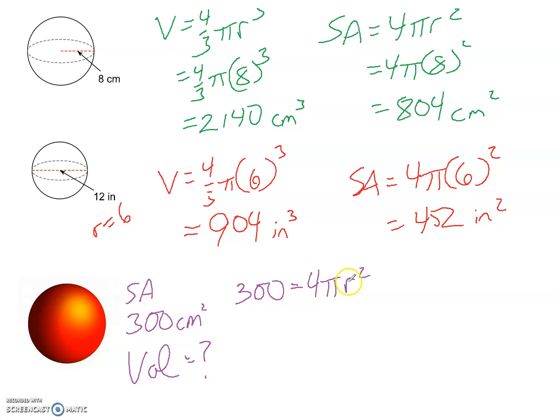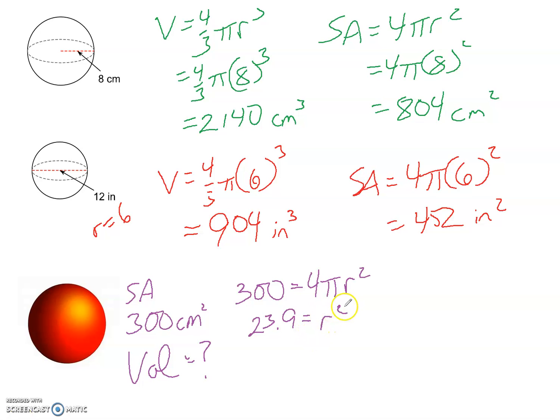Now we want to solve for the radius. So we reverse the order of operations. The first thing we would do is take that 300 and divide it by 4 to cancel out the 4s. We would divide it by the 3.14 as well. And if we do that, approximately left is about, we'll round off, 23.9 is going to be equal to r squared.